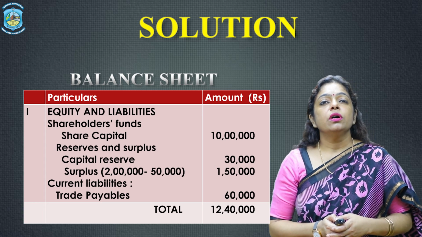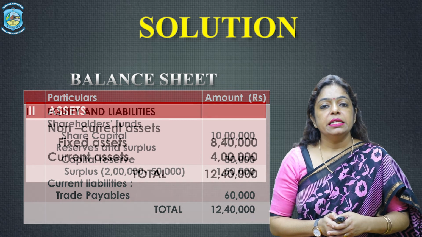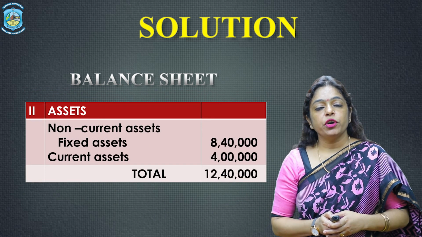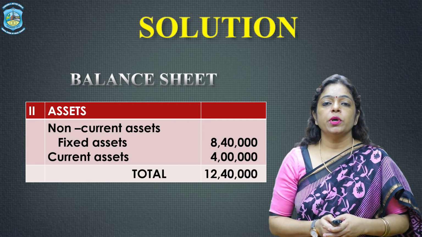The total remains as 12 lakh 40,000. And the assets: non-current assets, fixed assets is 8 lakh 40,000, current assets is 4 lakhs, and the total is 12 lakh 40,000. So this was a question to explain how bonus shares are issued and what is the impact on the balance sheet.